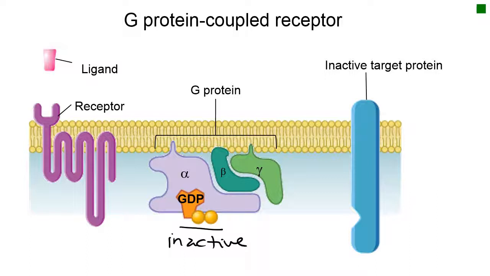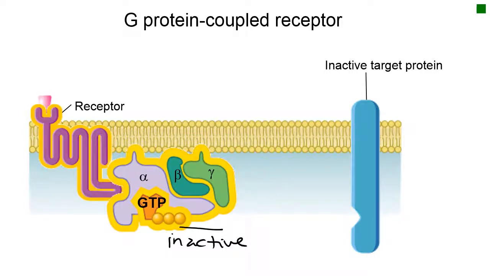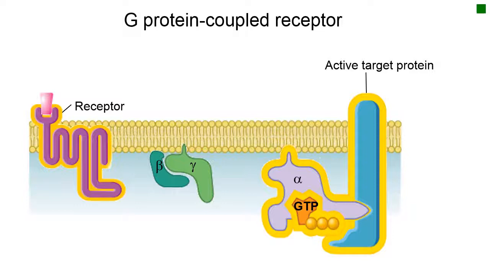When the signaling ligand binds to a G protein coupled receptor, the receptor changes conformation. This active receptor is now able to bind to the G protein, and it replaces the GDP with GTP. Once bound to GTP, the alpha subunit separates from the beta and gamma subunits.